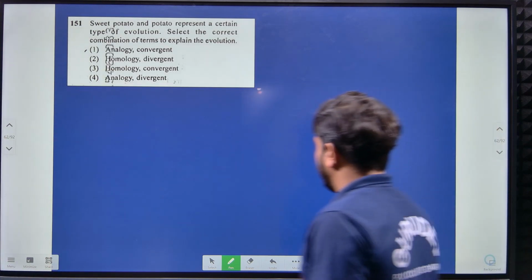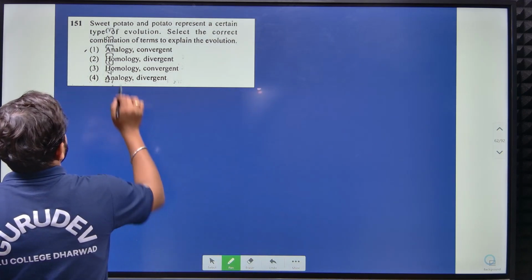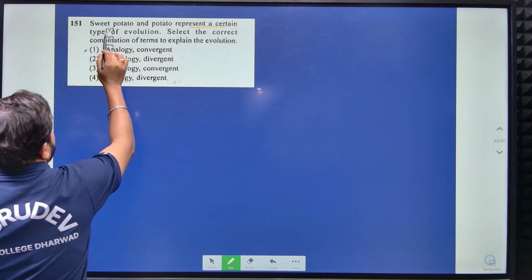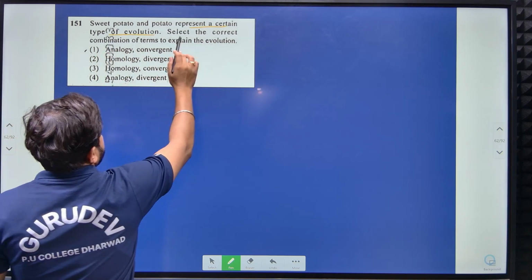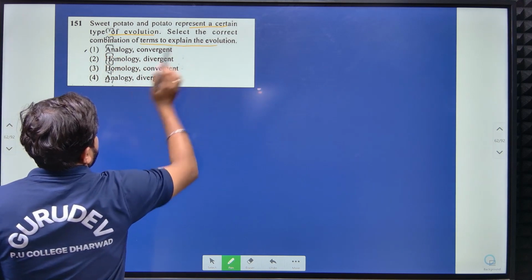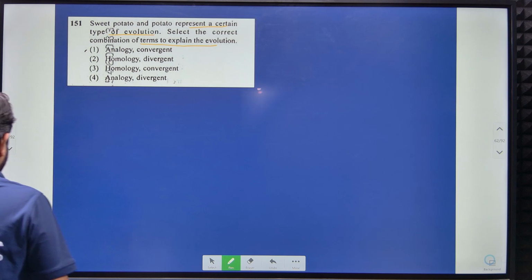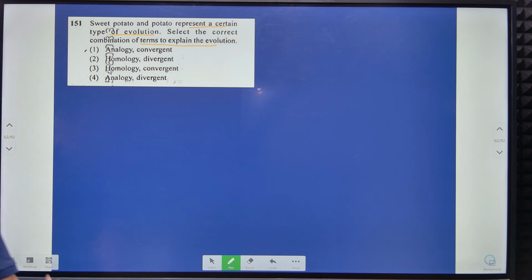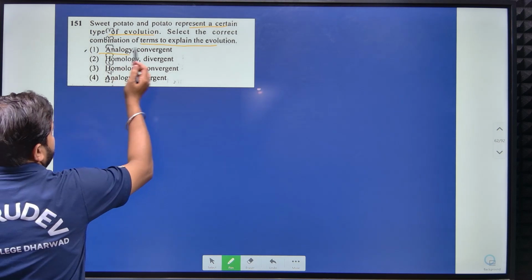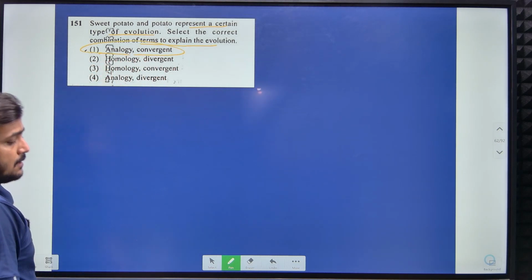Okay, moving on to the next question. Here, sweet potato and potato represent a certain type of evolution. Select the correct combination of terms to explain the evolution. Sweet potato and potato represent analogy, and are known to be convergent evolution.